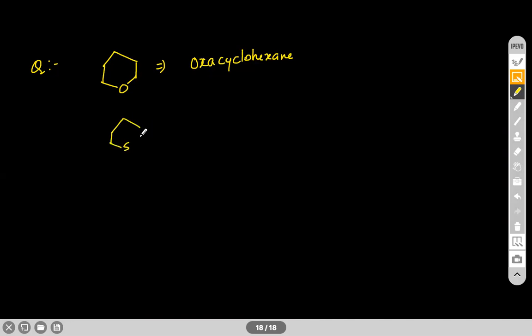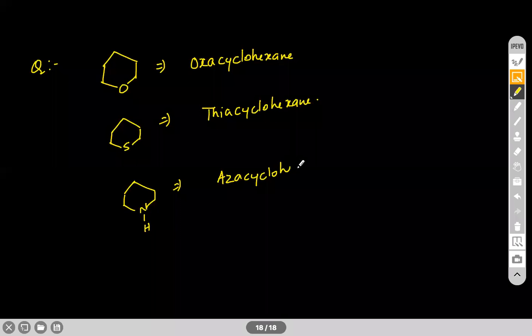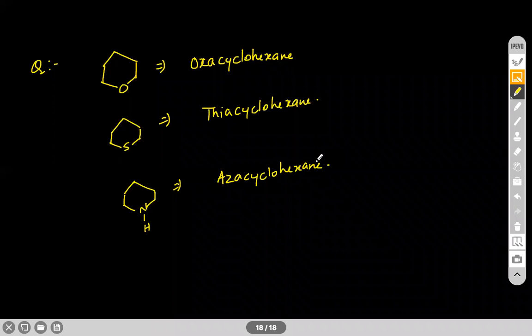If you have sulfur here, the same thing, we'll write thia: thiacyclohexane. If you have nitrogen present in the ring, for nitrogen we'll write aza: azacyclohexane.